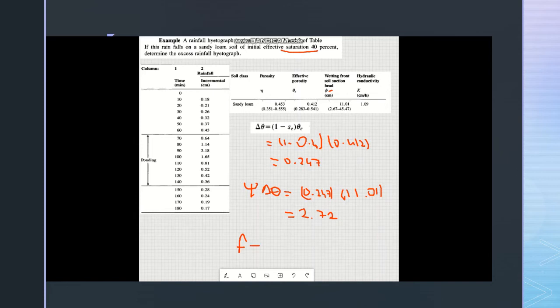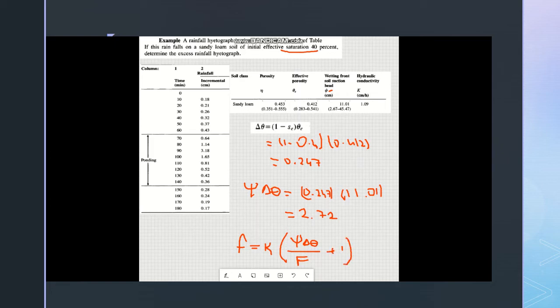F is equal to the hydraulic conductivity of the soil, K, times the parenthesis of psi delta theta over the cumulative infiltration, plus 1.